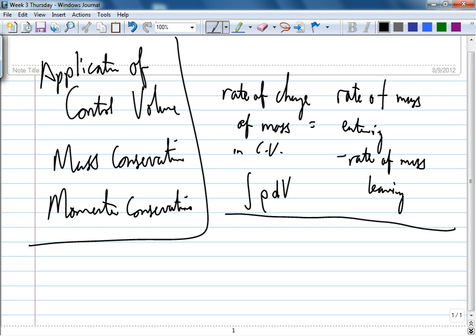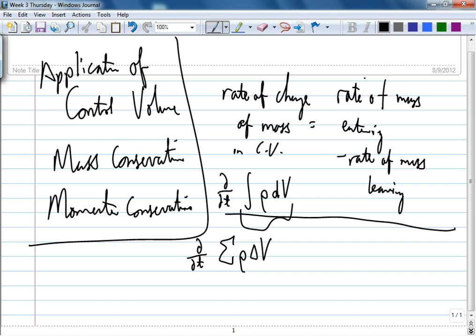If you don't like the integral because you haven't done maths A, then this is the sum of rho times volume: the density at any position times the little volume at any position, and you add it all up. That will be the total mass in the system, and we want the rate of change of that.